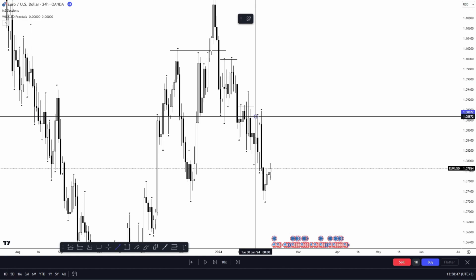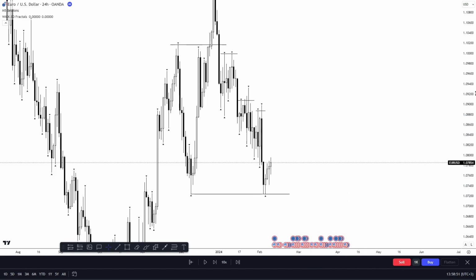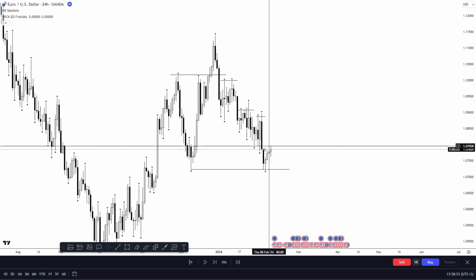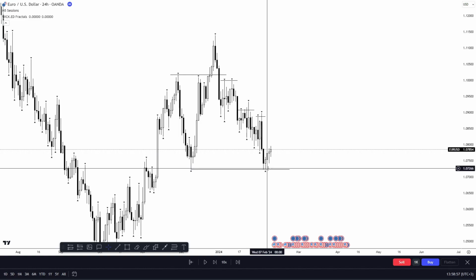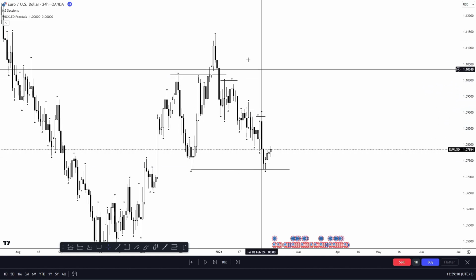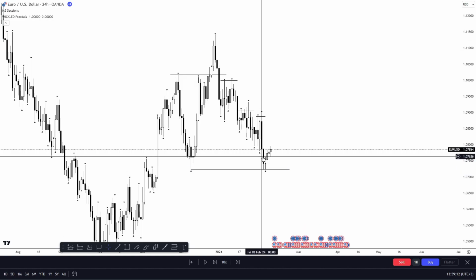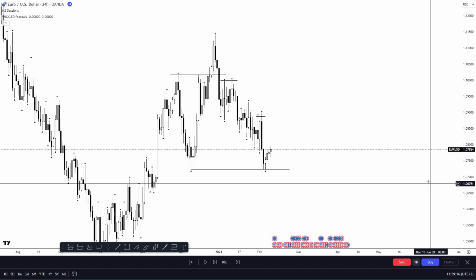Here I can see that price took out a very strong pool of liquidity, but I didn't see a strong reaction, and often when price reverses from big liquidity pools, it does a very strong reaction. So here I was still interested in short positions, because I have this very strong short bias, and I don't see the reaction here, so I think that it's just a correction.